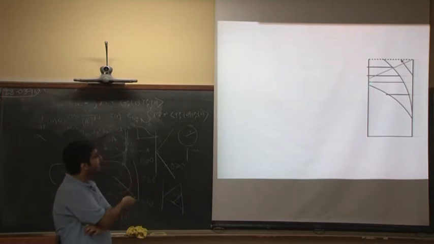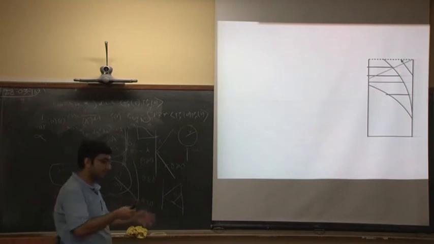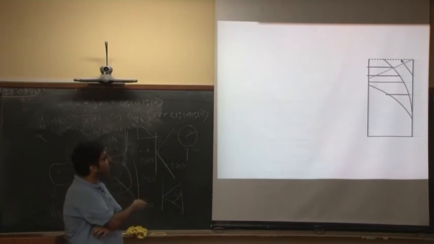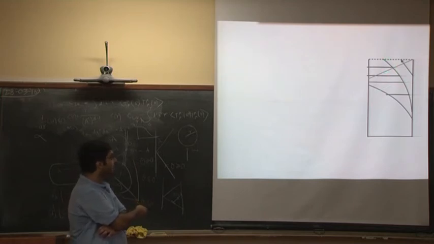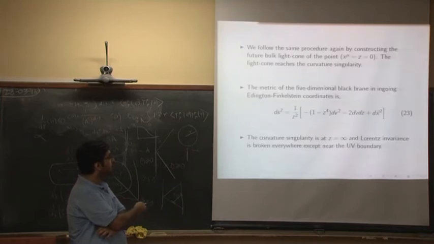So we have matter collapsing to form a black brane, and at sufficiently late time when the black hole has formed, I apply the same trick to see if such a function exists or not. Now, this is the black brane metric.